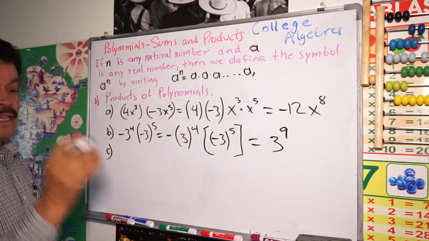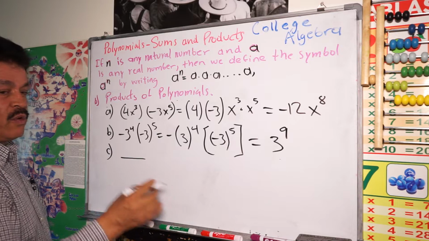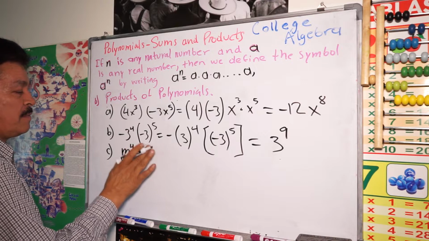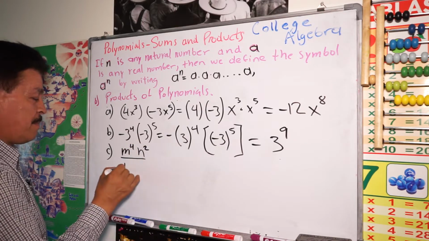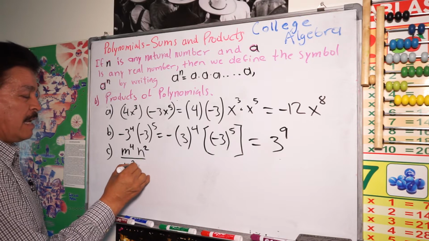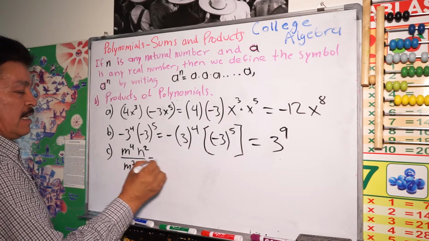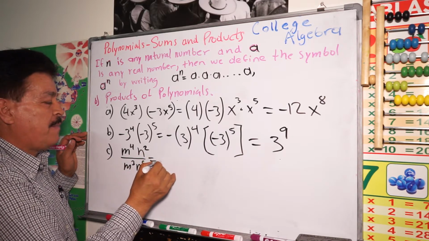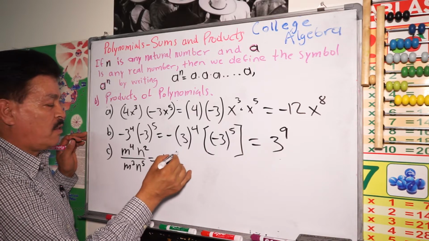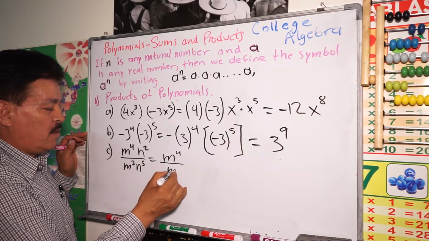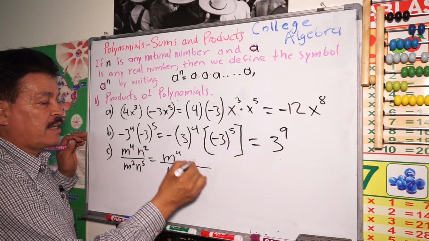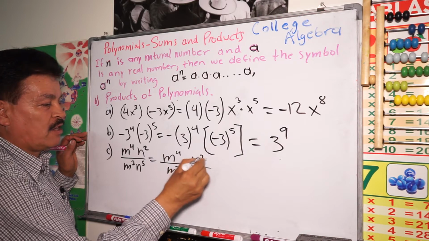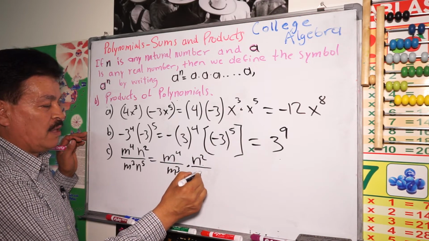Let's see this problem. You have m to the 4th power times n to the second power, divided by m to the third power times n to the fifth power. This is going to be m to the 4th power over m to the third power, times n to the second power divided by n to the fifth power, right?